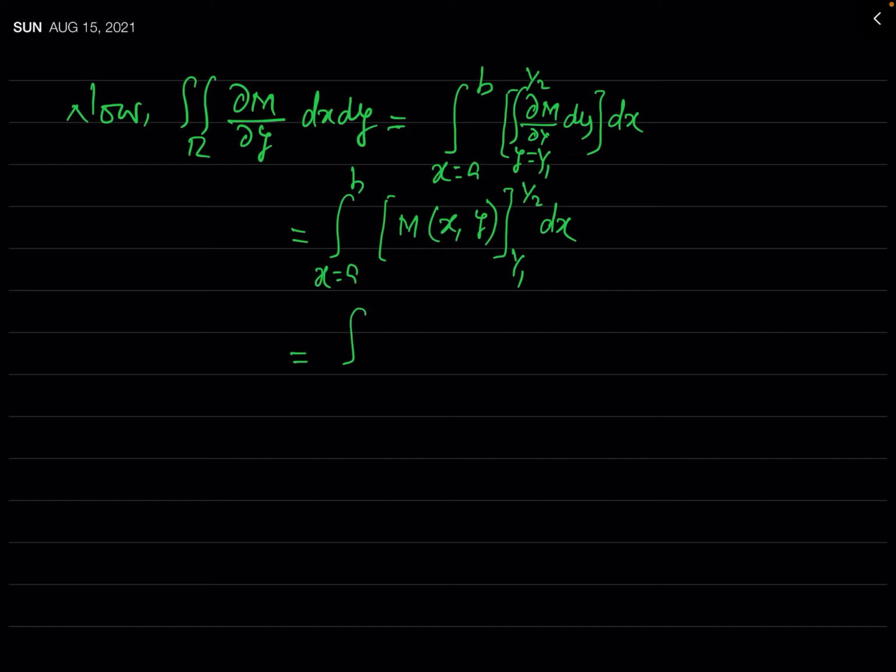So this is the integral from a to b, and first of all we put the upper limit, and these are the limits of variable y. So this will be m of x, Y2 minus m of x, Y1 dx.